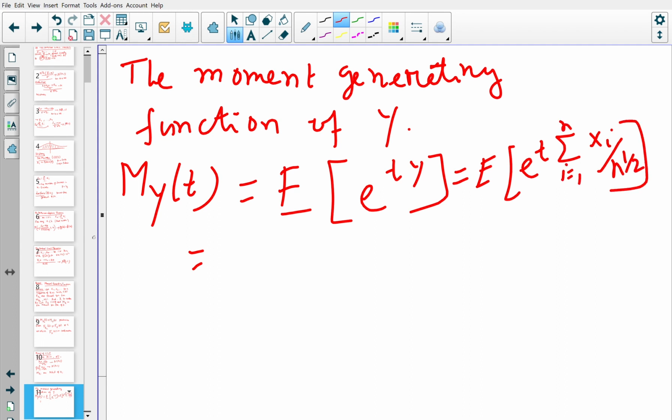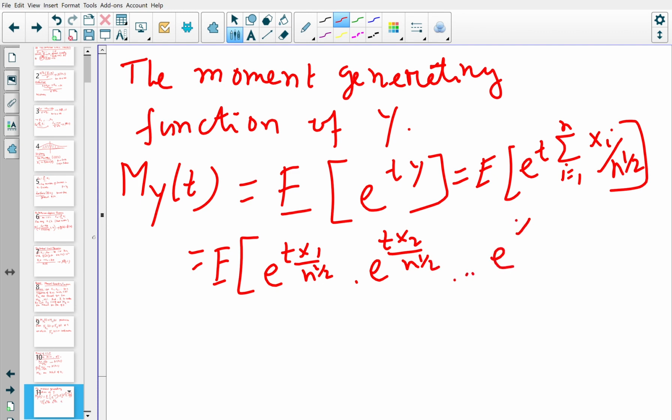The sum we can turn into a product because of the exponent: e^{tX1/√n} times e^{tX2/√n}, and so on, up to e^{tXn/√n}.